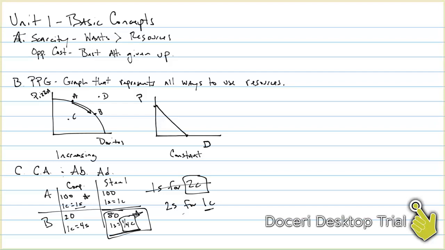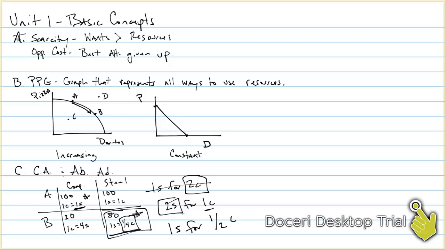are going to trade for 1 computer, and we need to get more than 1 steel, and here we're going to get 2 steel. So country A is going to accept that trade. Now I need to find what 1 steel gets me in this trade, which is 1/2 of a computer.